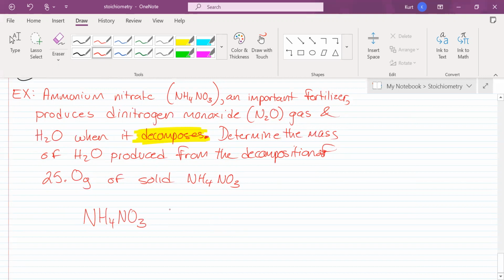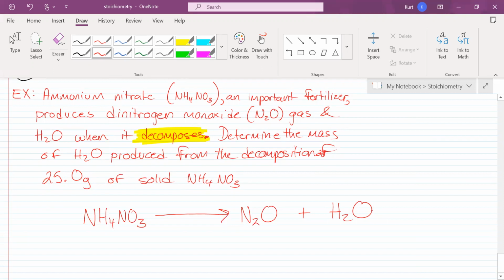That's your only reactant. The reason I highlighted decomposes is because this is a decomposition reaction, and according to a decomposition reaction, you only have one reactant. It is going to break down into the two products, dinitrogen monoxide and water, dihydrogen monoxide.